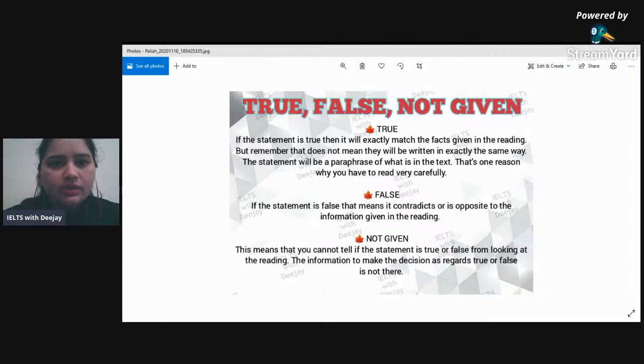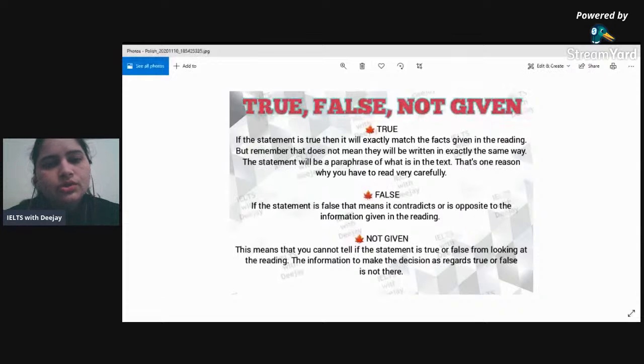Now on your screen you can see the tips. The first thing is for true, false, not given: the true statement. When we mark true, that means the statement is 100% matching, the information in the question and its meaning match properly.